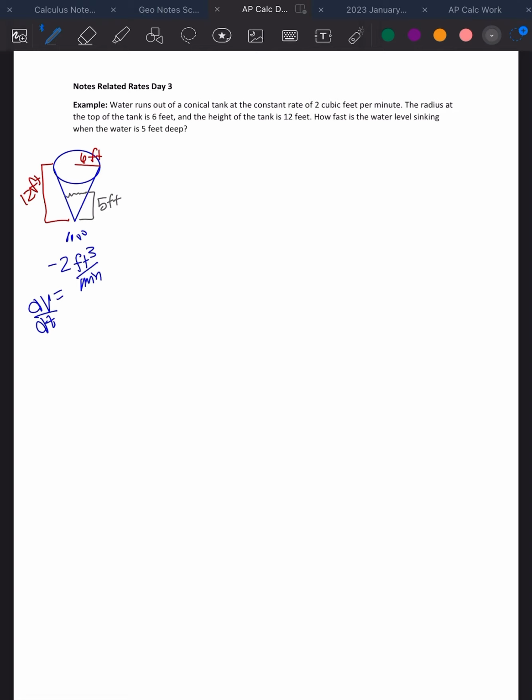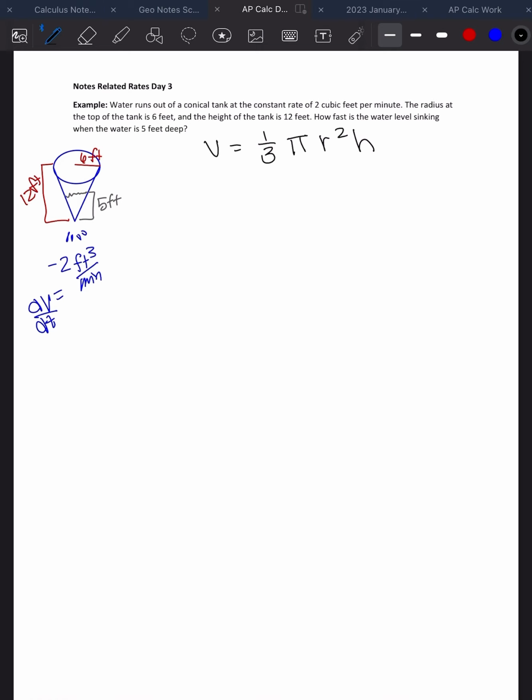So we have a couple different things to look at here. The first thing that we need to do is find the equation for the volume of a cone. So the volume of a cone is 1/3 pi r squared times our height.